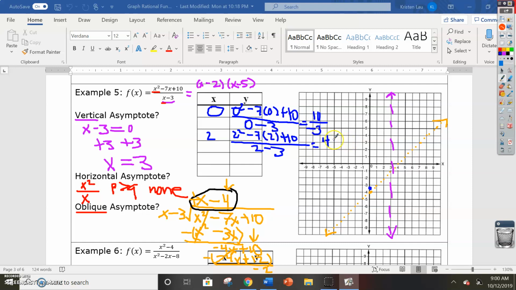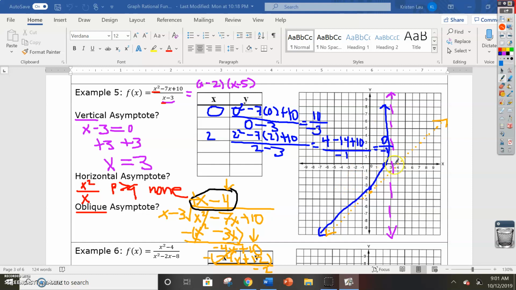Negative 7 times 2 is negative 14 plus 10 all over 2 minus 3, which is negative 1. So 4 minus 14 plus 10 is 0 all over negative 1, which is 0. So that's 2 comma 0. Oh, so now I found my x-intercept by accident. There we go. So my graph is going to look something like that if I connect the dots.